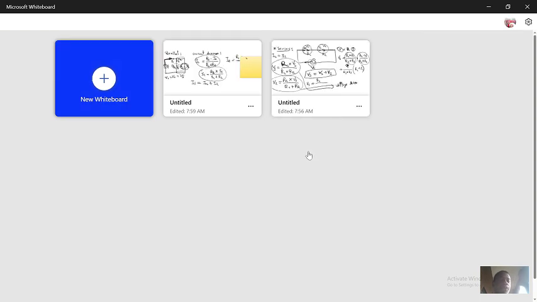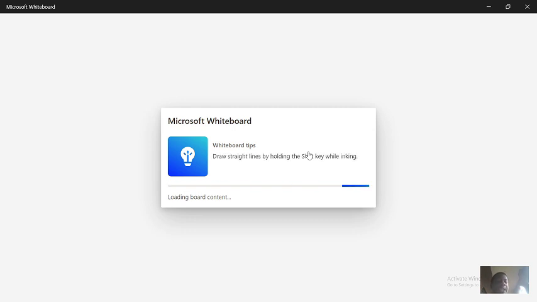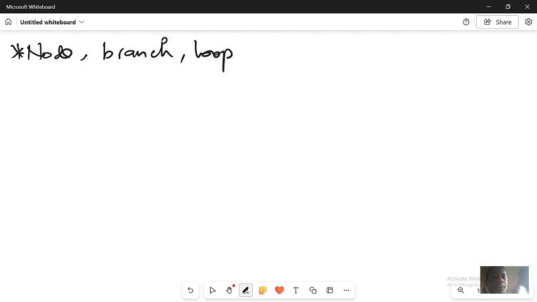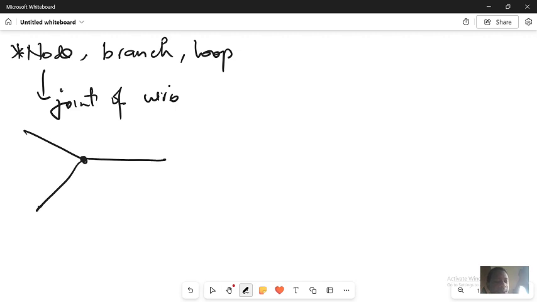Now we are going to talk about, as I mentioned previously, what we call node. We'll talk about node, we'll talk about branch, we'll talk about loop. Now a node is a joint of wires. Meaning that if I have this one, this one, and this one, this is wire, this is wire, this is wire.